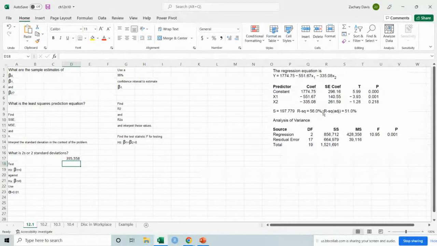So whenever you're using more than one variable, you should interpret the adjusted r squared. So in this case, it's 51%. So based on these two variables that we've regressed on, we can explain 51% of the variance in this model. But the regular r squared is inflated because we didn't account for the fact that we added that other variable.